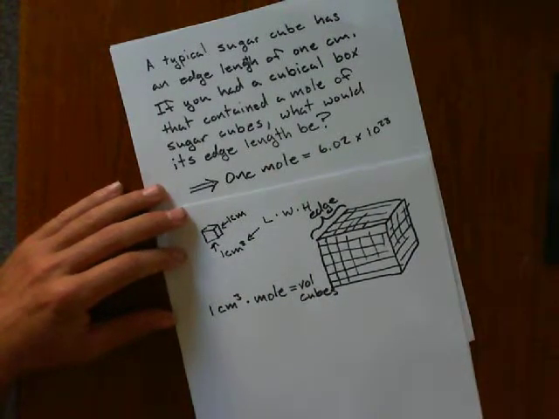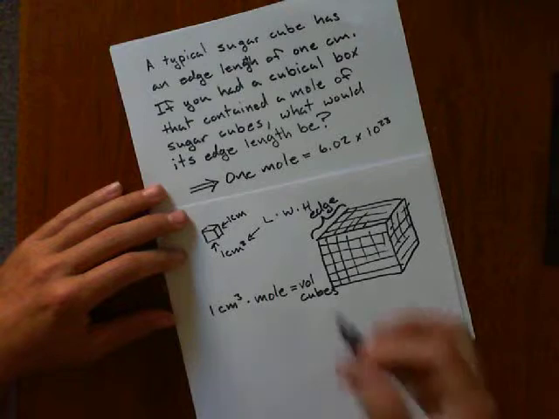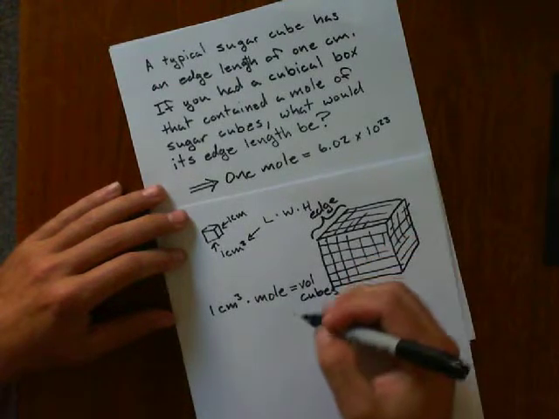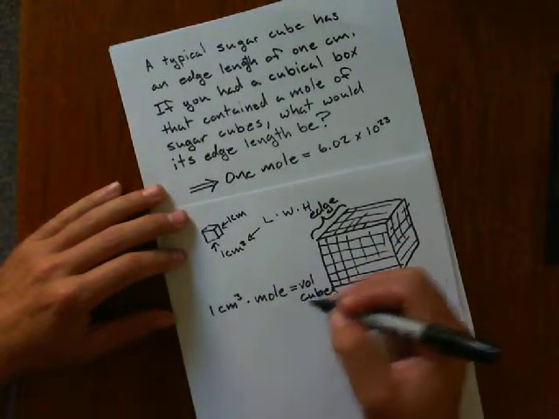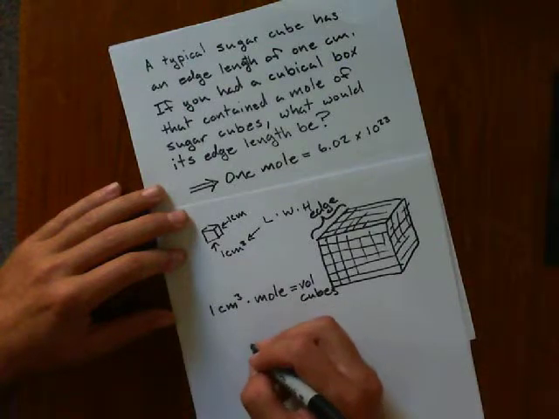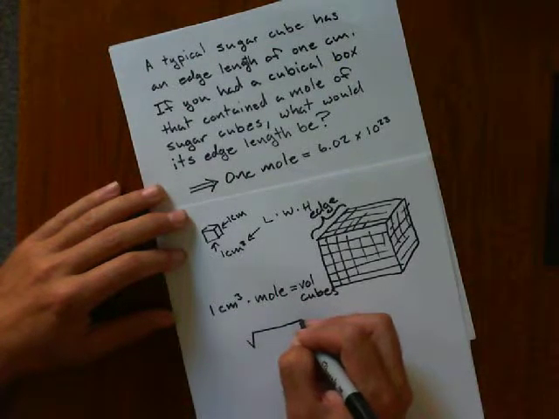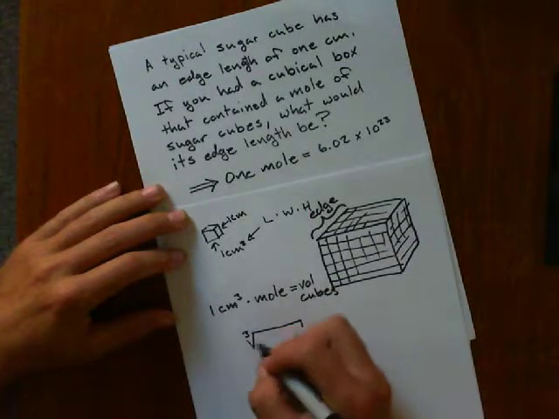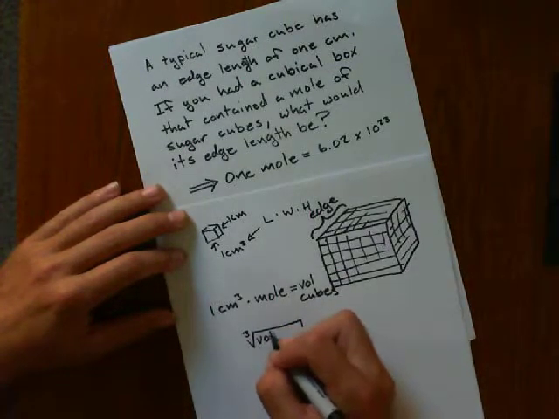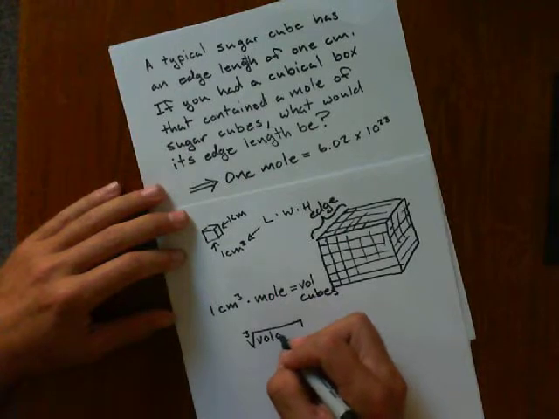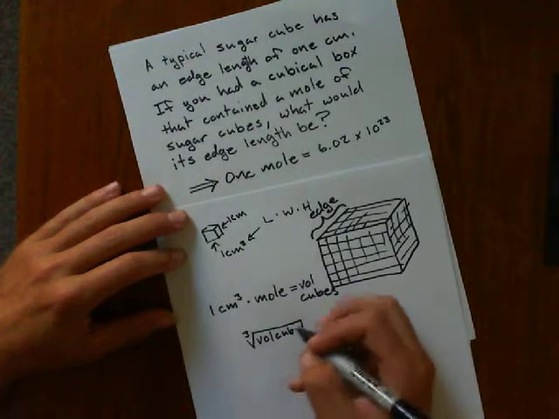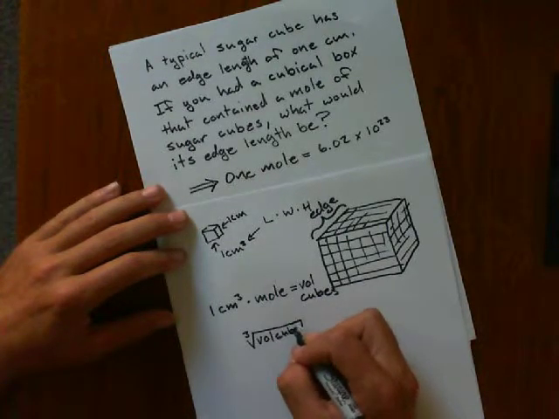To solve that, first we need to get the volume of cubes, and then all I'm going to do is take the cube root of the volume of cubes, because thank God this is a cube, we know that all sides are equal.